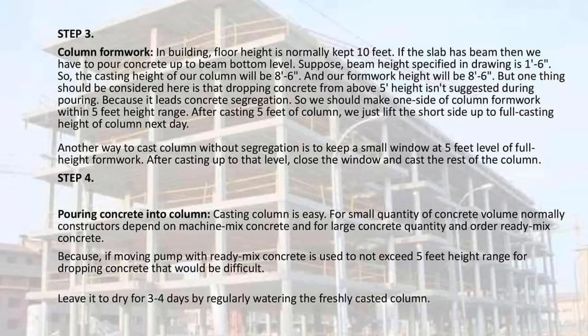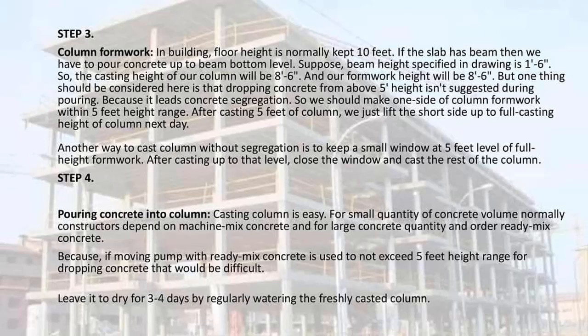But one thing to consider here is that dropping concrete from above 5 feet height isn't suggested during pouring because it leads to concrete segregation. So we should make one side of the column within the 5 feet height range.